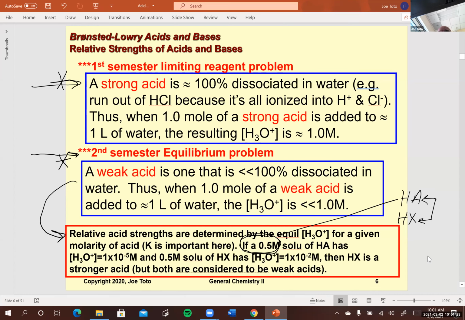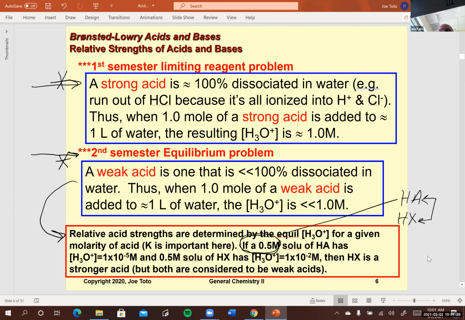Now, how do I know which one's stronger? You probably could guess it. I'm going to need to compare their Ks, their equilibrium constants, so I can see to what extent those reactions take place in water.